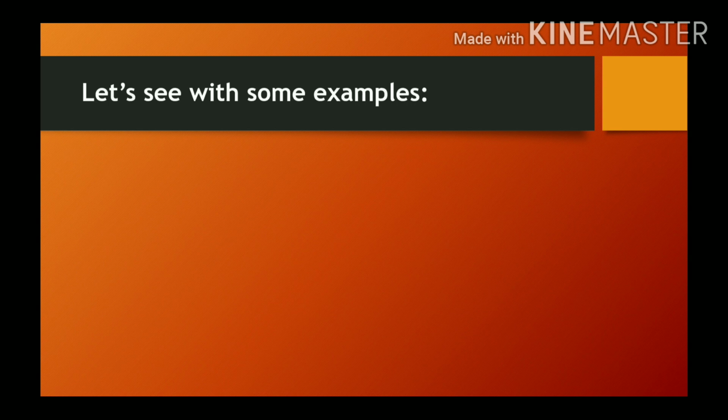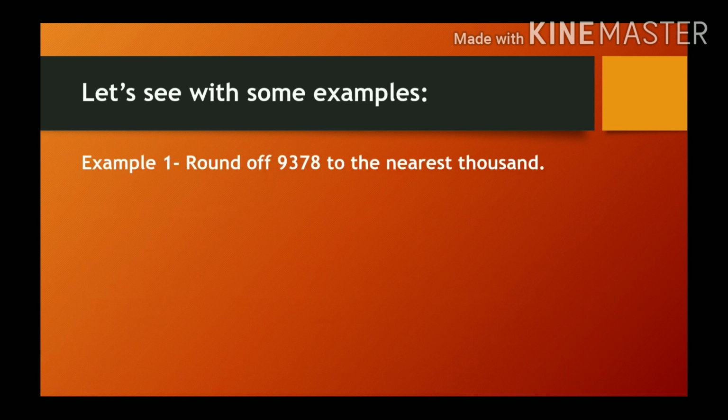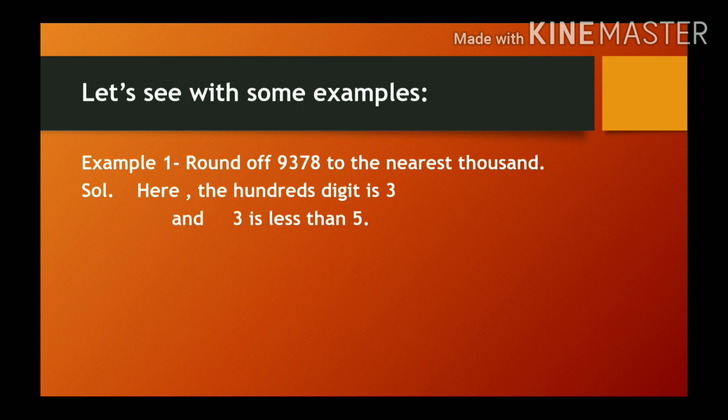Let's see with some example. Example 1. Round off 9,378 to the nearest thousand. Solution. Here the hundreds digit is 3. As we have seen in the working rule, for nearest thousand we have to see the digit at hundreds place, and here hundreds place is 3, and we know 3 is less than 5.